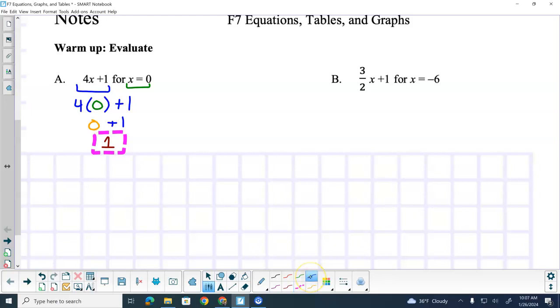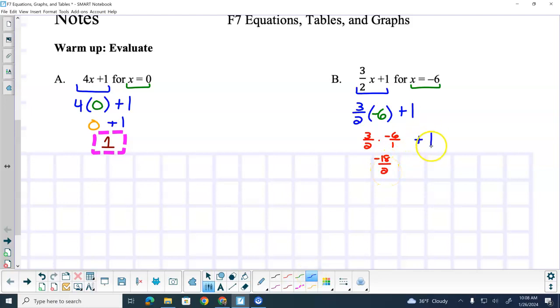Over here on this one, same thing. We've got an expression. It's 3 halves times x plus 1, and we're going to evaluate that when x is negative 6. So we're going to plug in negative 6 into that expression. So then we've got 3 over 2 times negative 6 over 1. If I multiply straight across, I get negative 18 over 2.